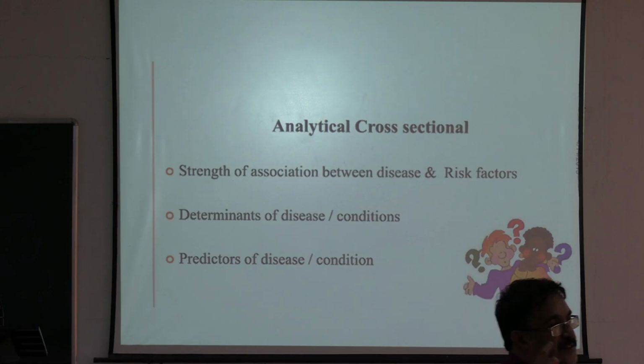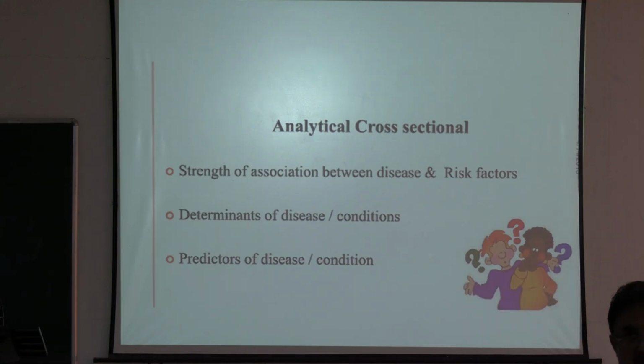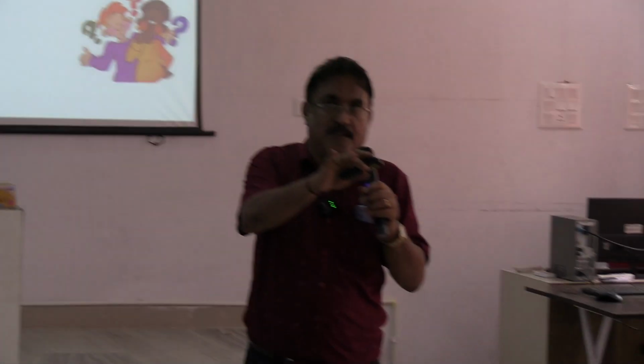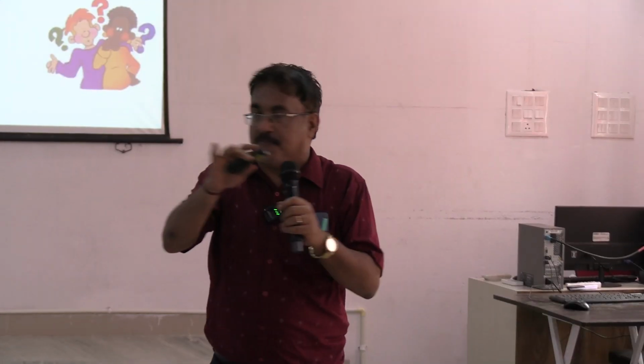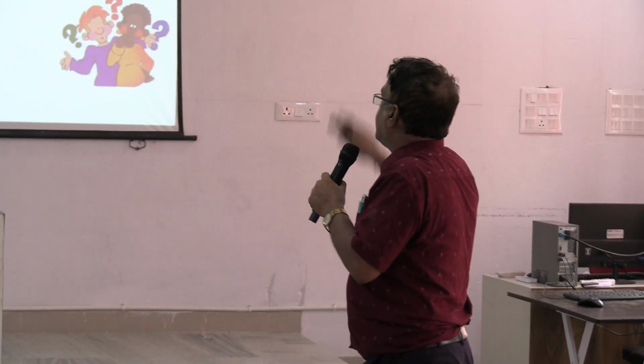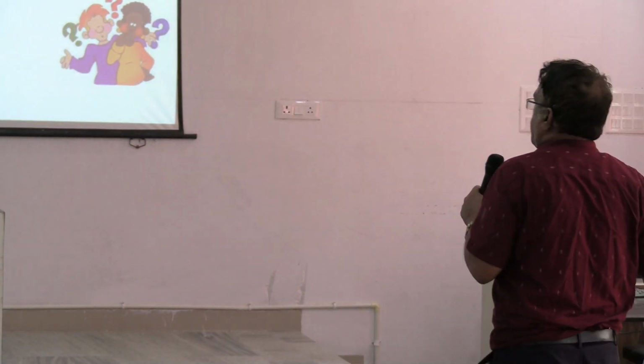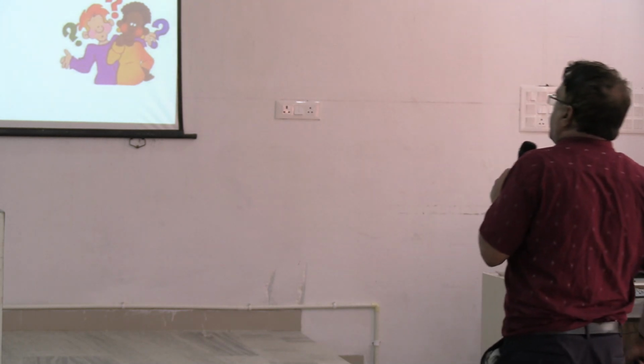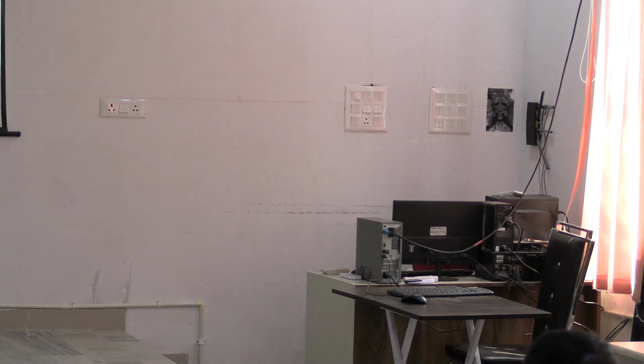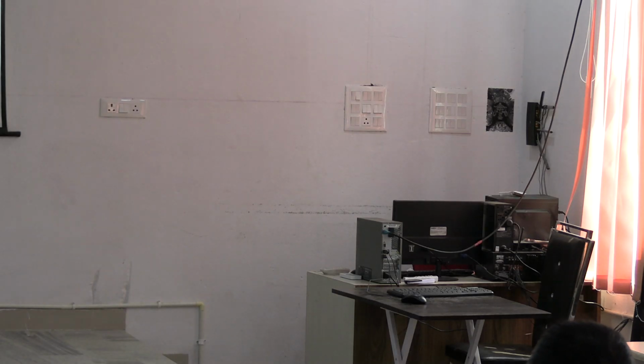Now, second is the basic description studies, as I told you, how many boys, how many girls. Then comes the strength of association between disease and risk factors, determinants of disease and predictors of disease or condition. That is the analytical cross-sectional study. Now, coming back to the example I gave about myopia, 25 of you are wearing specs now in fourth year.